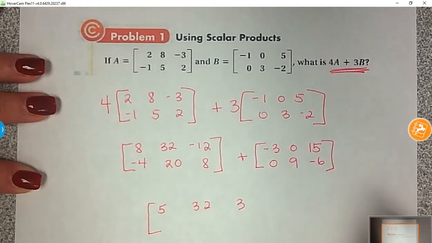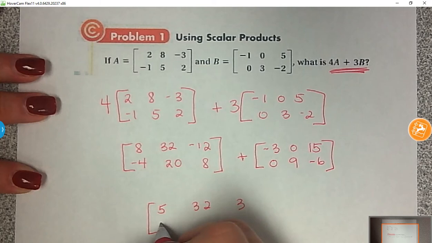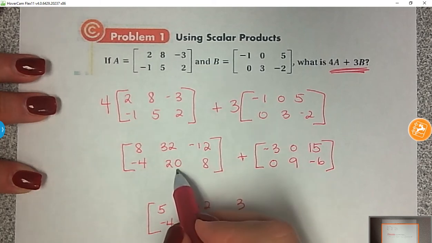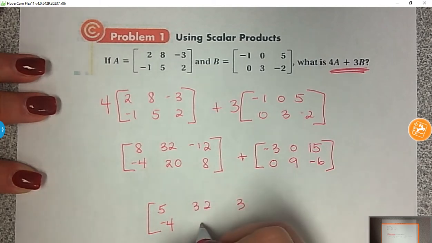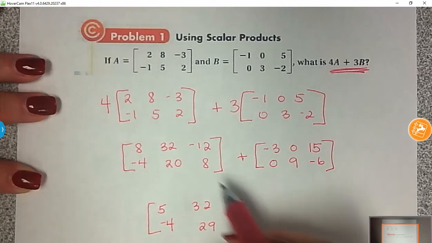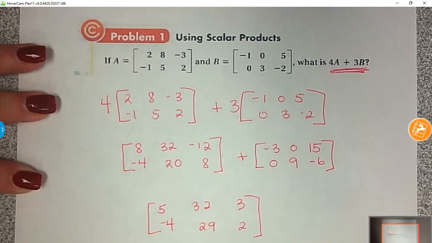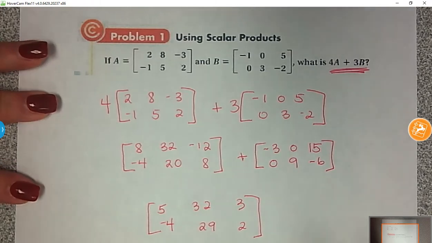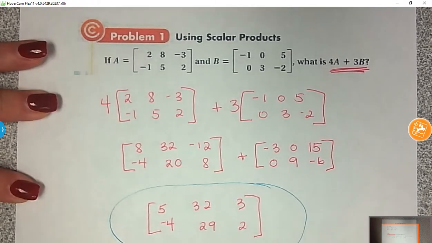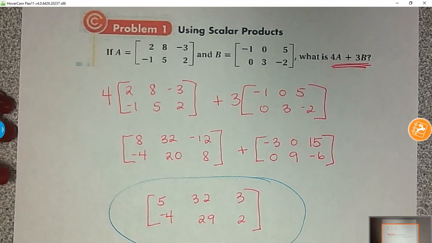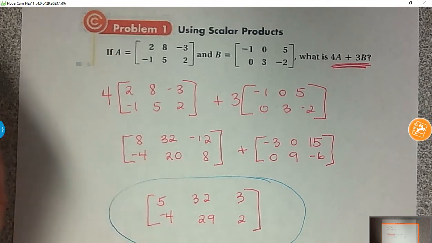Move to the bottom row. Negative 4 plus 0 is negative 4. 20 plus 9 is 29. And finally, 8 plus negative 6 is 2. This is the answer to this problem. That is 4A plus 3B.